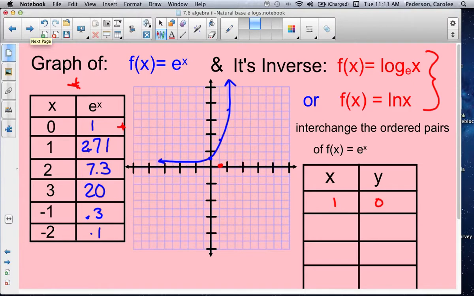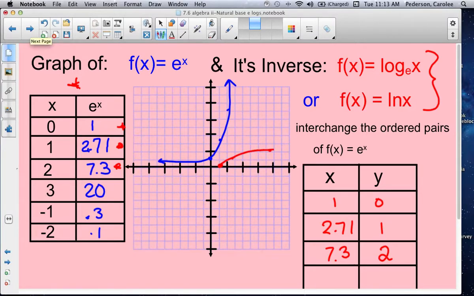Then the next ordered pair, when you interchange it, instead of 1, 2.71, it'll be over 2.7, up 1. So over 2.7, up 1. And then the next ordered pair, as we interchange it, will be over 7.3, and then up 2. So over 7.3, and then up 2.